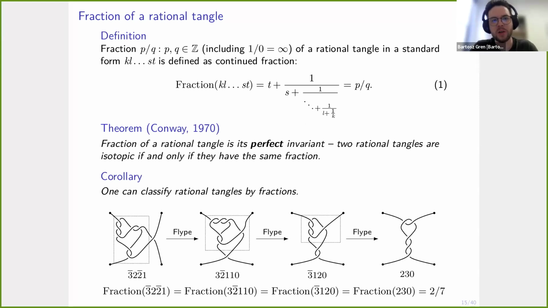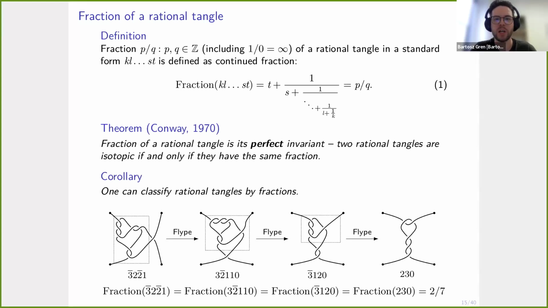Rational tangles are especially interesting because there is a perfect invariant of them, which is not a very common thing in knot theory. By perfect invariant, I mean that if we have two tangles with the same value of the invariant, we can be sure that these are the same tangles, that they are isotopic.